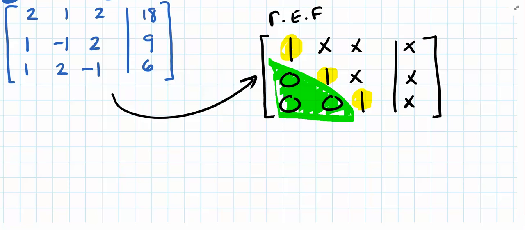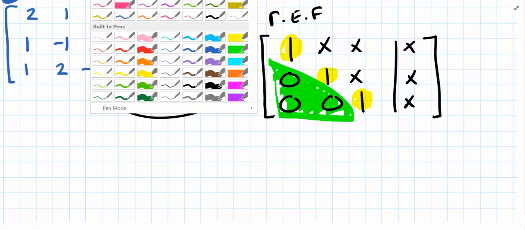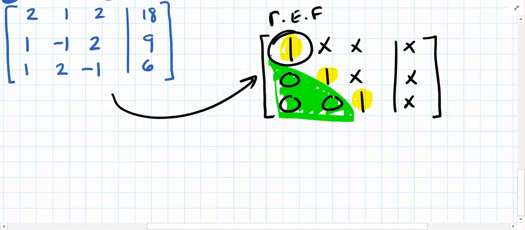You want to definitely get this position first. And then get 0s below it. Once you have a 1 in row 1, column 1, and 0s in the rest of column 1, then you move on to column 2 and get a 1 there and get a 0 below that. You do it in that order so that you don't undo what you've done along the way.